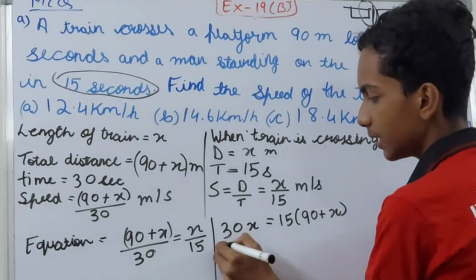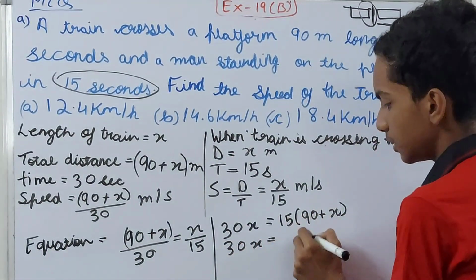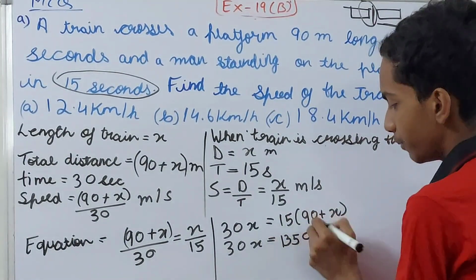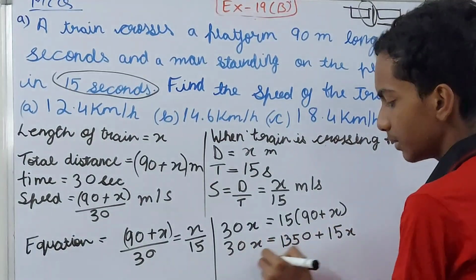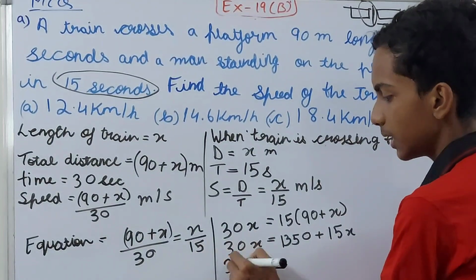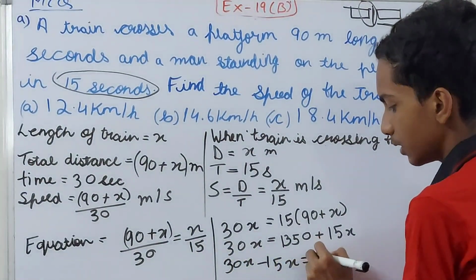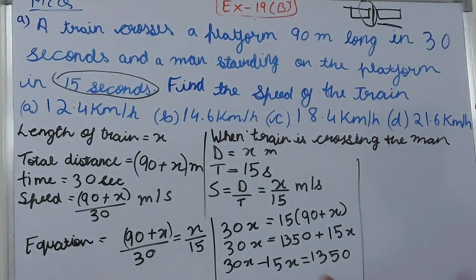So use the property: 30x equals 15 into 90, that is 1350, plus 15 into x, 15x. This 15x will come to this side and become minus 15x. So 30x minus 15x equals 1350, right?